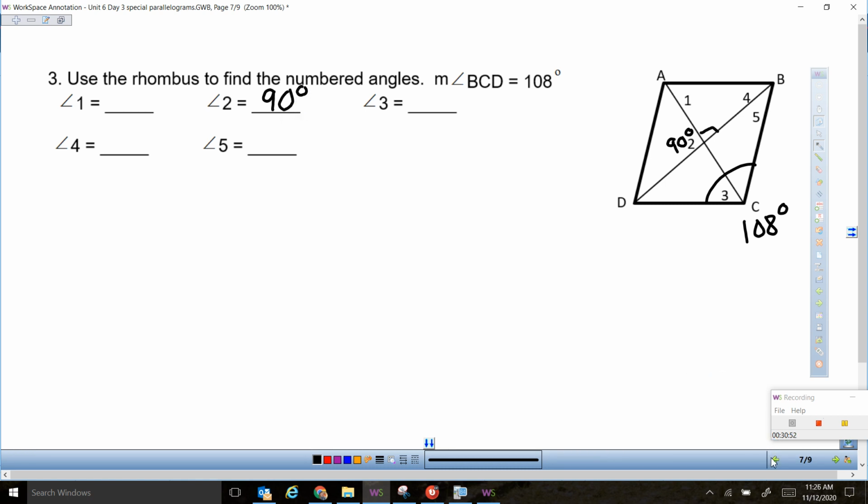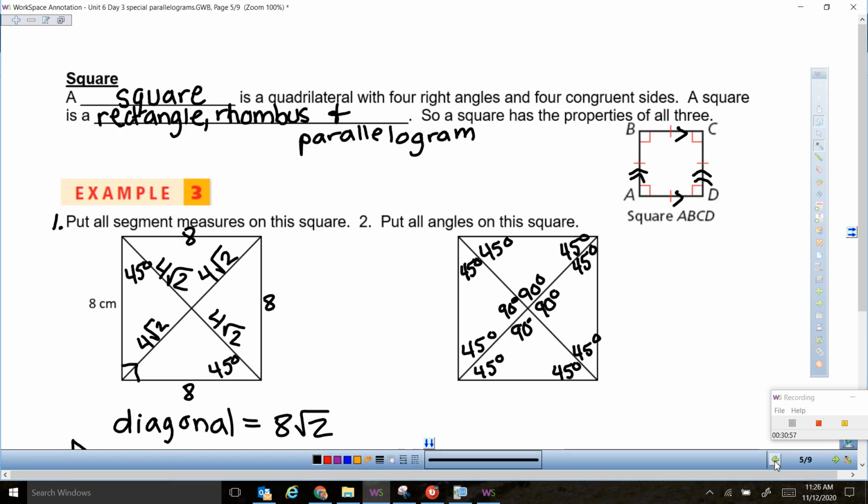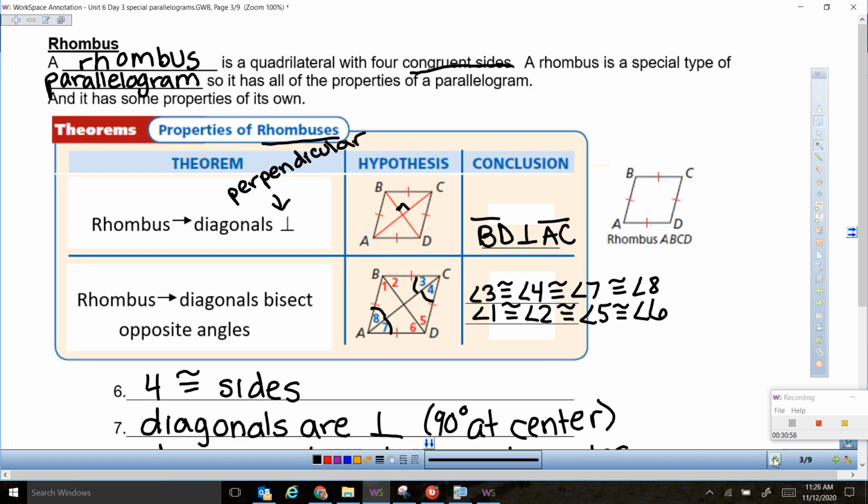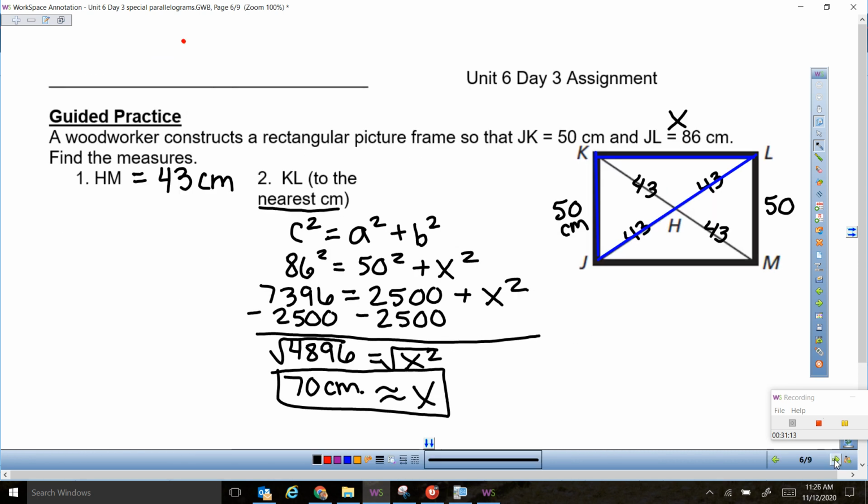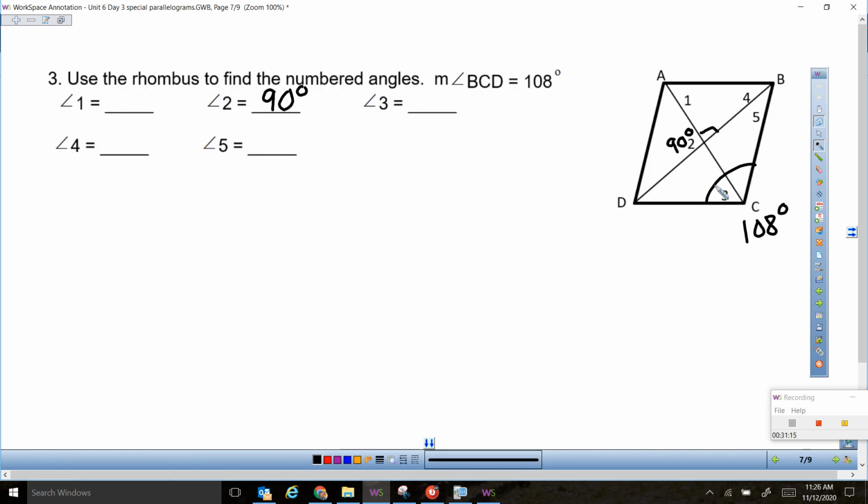And there's one more property we're going to have to use from the rhombus family. For the rhombus, what does this one say down here? The diagonals bisect the opposite angle. So we're going to use that with the 108 that they gave us. So the diagonal bisects this angle.